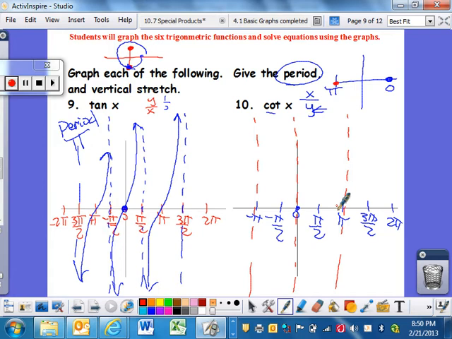We said that these things are reciprocals in a way, so everything needs to kind of flip-flop. Alright? So it's still going to be 0 here, except we're going to go down. And I'll go through this more in depth in class as to why this happens. But the cotangent goes down, tangent goes up. Everything's just flip-flopped or reflected because they are reciprocals.